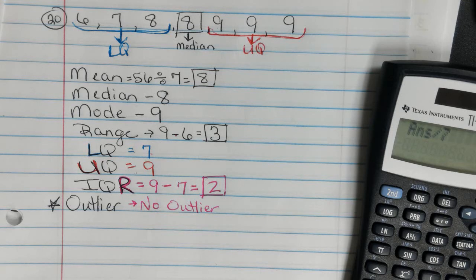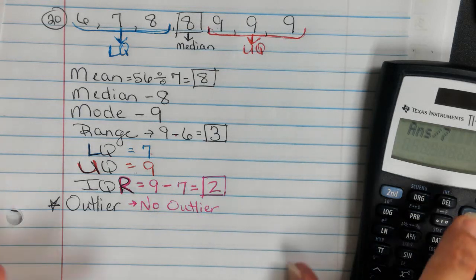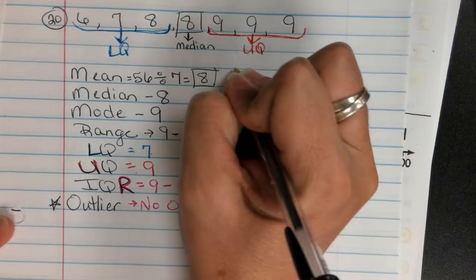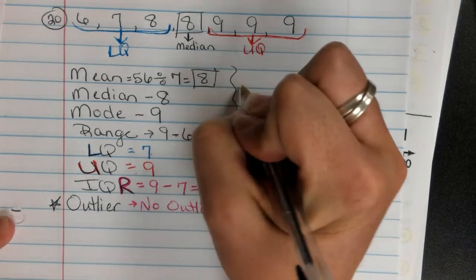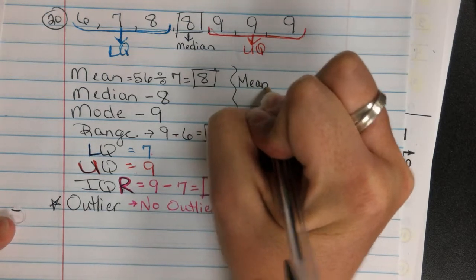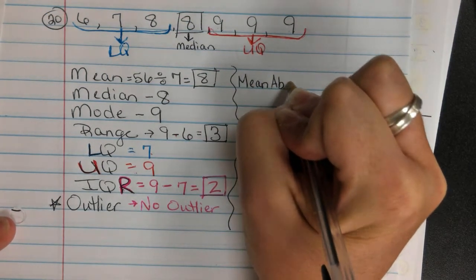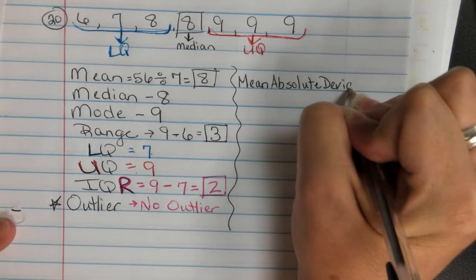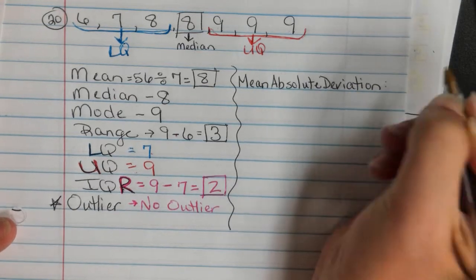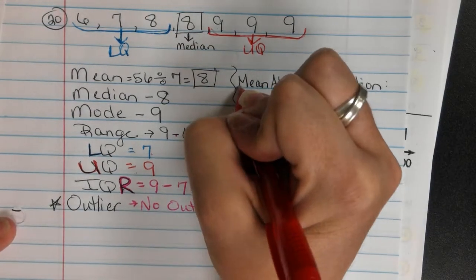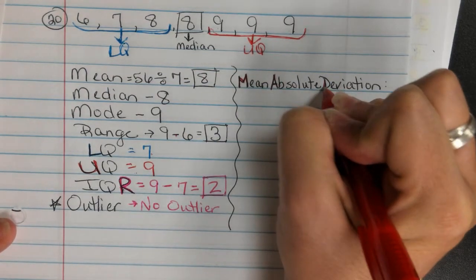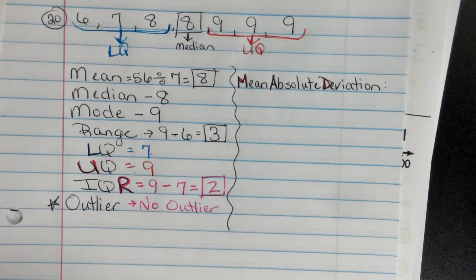Okay. The last thing is MAD, mean absolute deviation. And this is usually where we really need a refresher course. Mean absolute deviation, otherwise known as MAD.